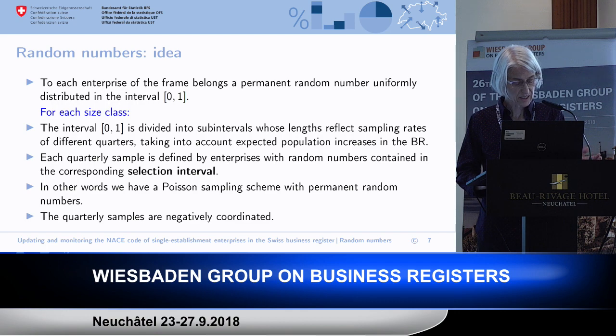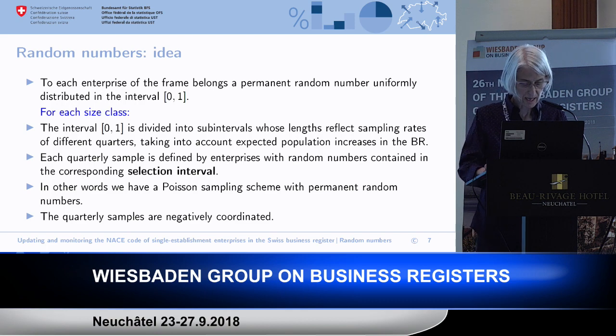The mid-size enterprises with random numbers in the first subinterval would be in the first sample. With random numbers in the second subinterval would be in the second sample, and so on. But because the business register is slightly increasing, the 12 subintervals become slightly smaller. They don't have equal lengths.